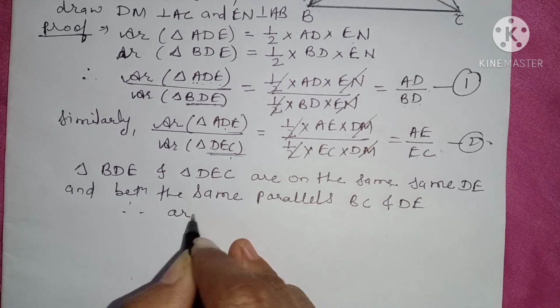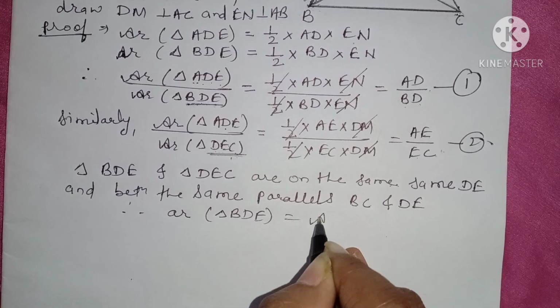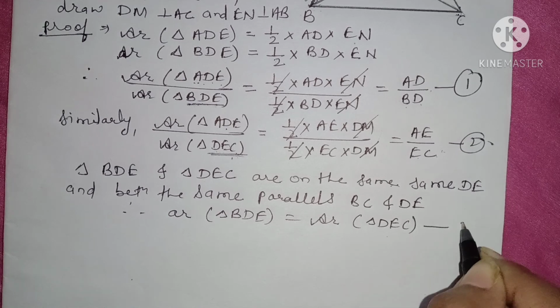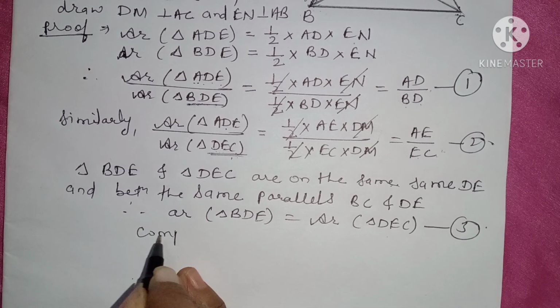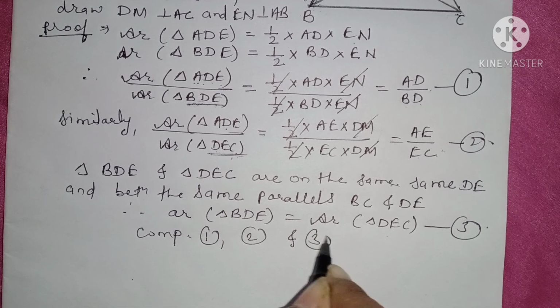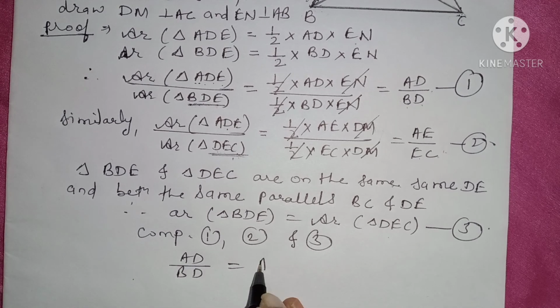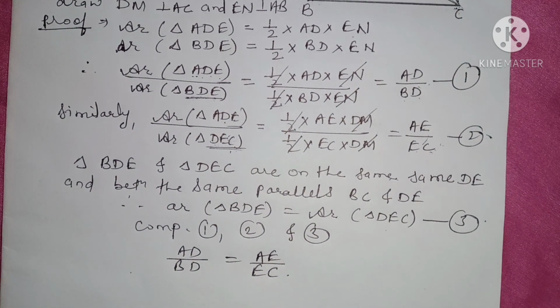Therefore area of BDE is equal to area of DEC. Give this statement number 3, and from comparing 1, 2 and 3 we will get the result AD upon BD is equal to AE upon EC. Since the LHS became equal, the RHS also becomes equal. Hence proved.